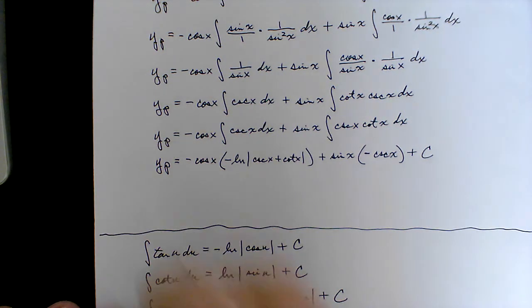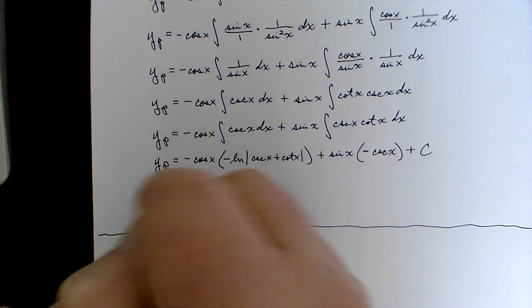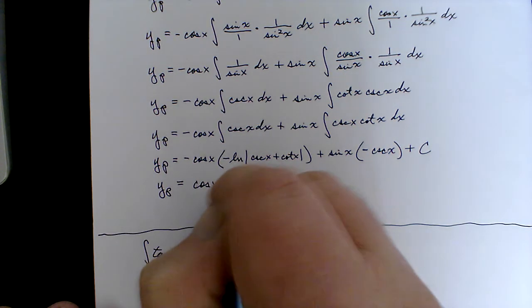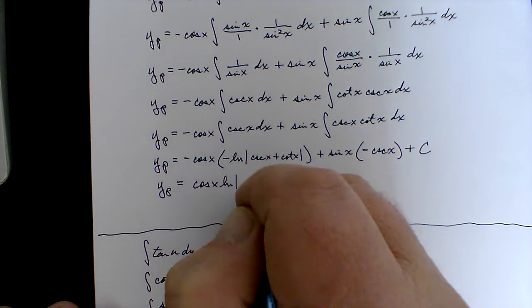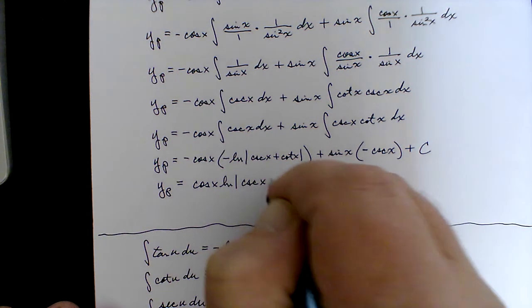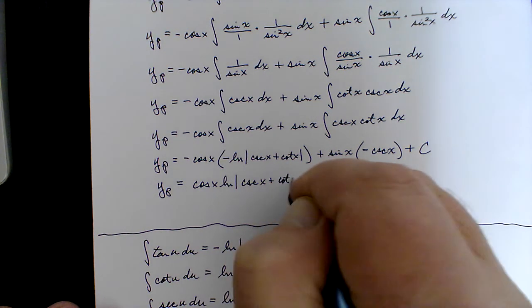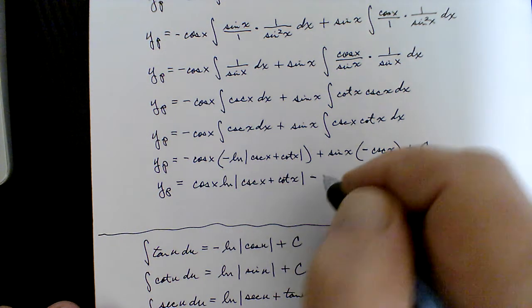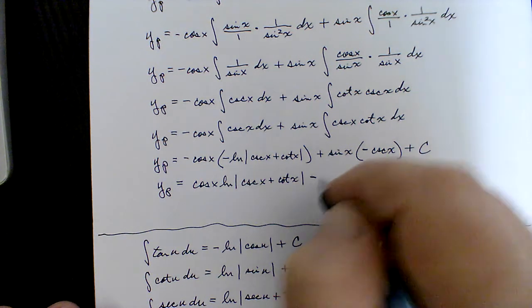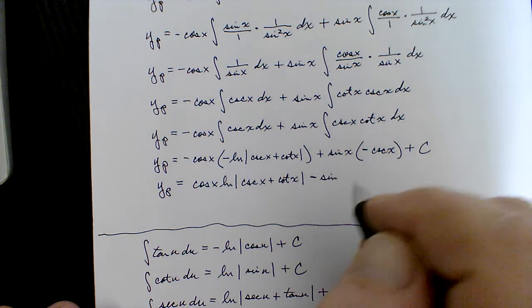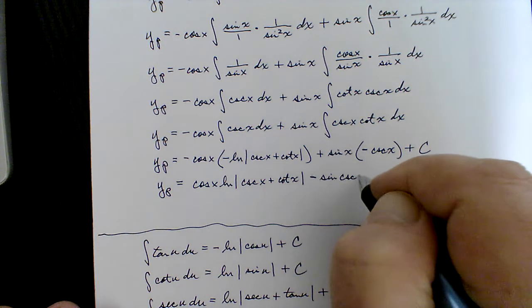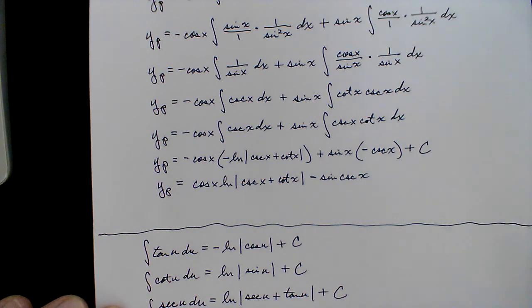So then this gives us y sub p is positive cosine x natural log absolute value cosecant x plus cotangent x, and then minus sine of x cosecant x. Okay, I added the constant.